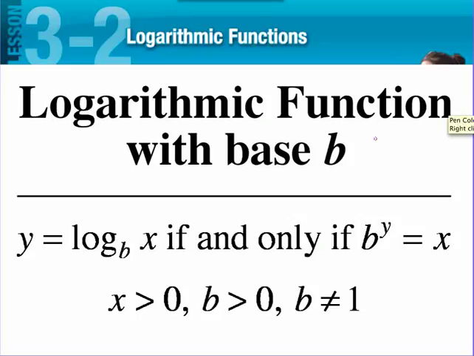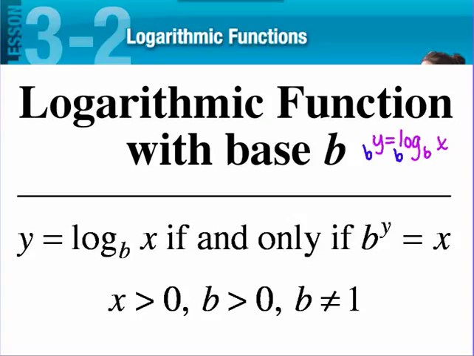If I start with y equals log base b of x, there is a way that I can derive b to the y equals x from that. One of the ways that we can undo a log base b is to place base b on both the left side and the right side. You know how when we add, to undo addition we subtract? When we undo multiplication we divide? When we undo squaring we take the square root?